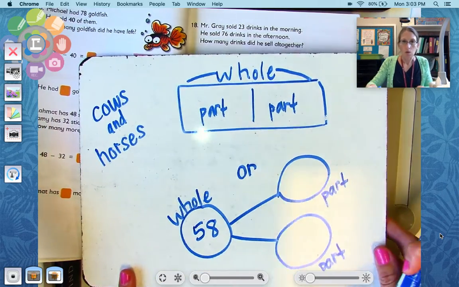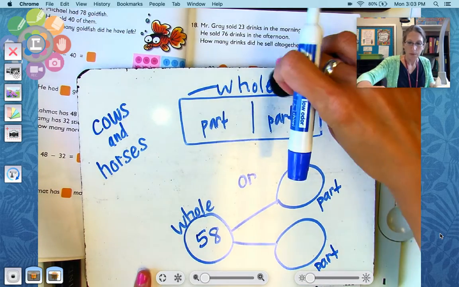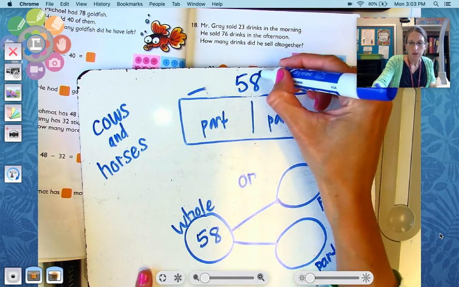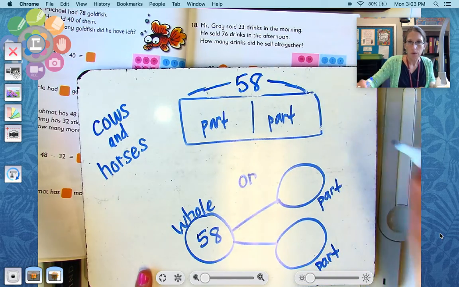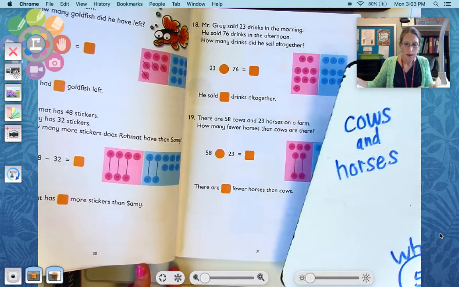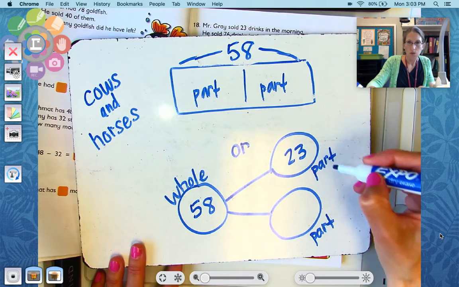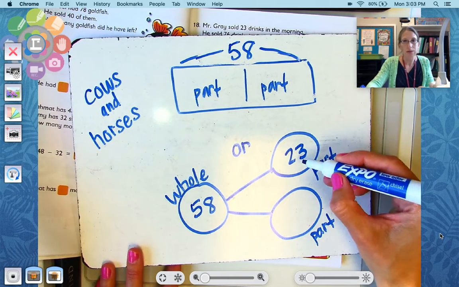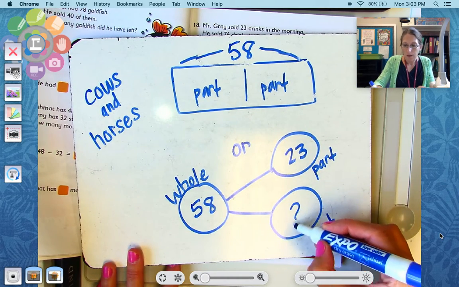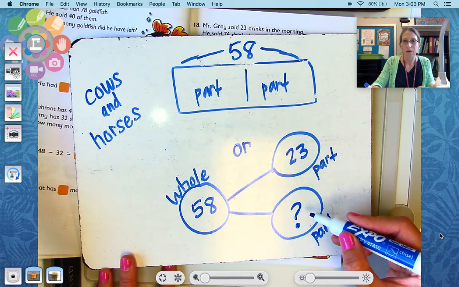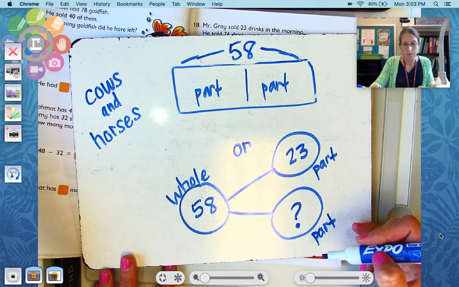And if I wanted to put it up here for my unit bar, that would look like this. So 58 is kind of our whole number there. And there's 23 horses. So 23 would kind of be thinking about it as like one of the parts. And then the question mark goes here because we're trying to find this missing part, the difference between these two numbers.